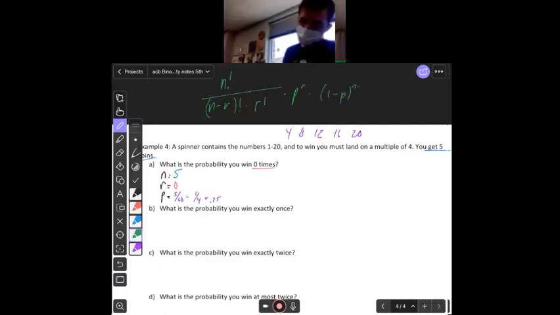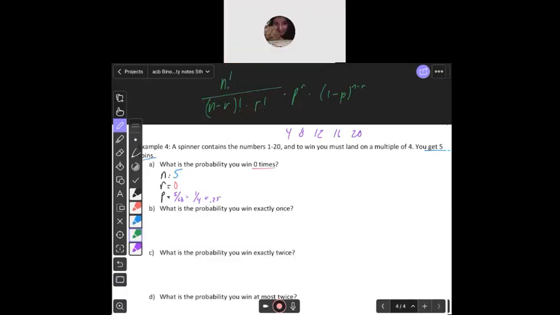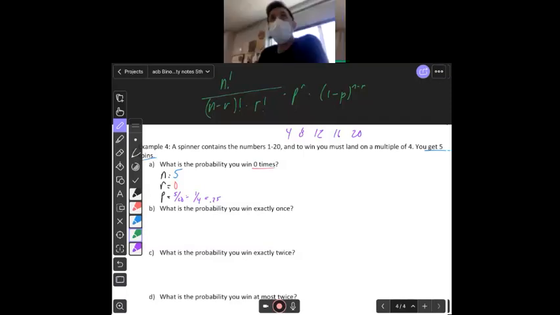Yeah, I just don't know why the probability is what we would need to win. We're not really trying to win. Like, why isn't the probability 3/4? Okay, that would be the probability of not winning, right? So we'd have to change the question. That's a good question. We want to see what's the probability of not winning, right? We get 5 spins. What's the probability that on none of those spins we win, right?